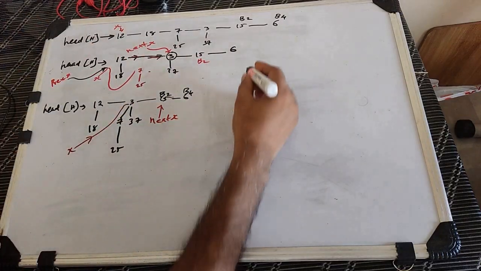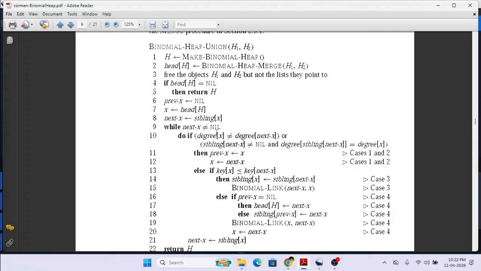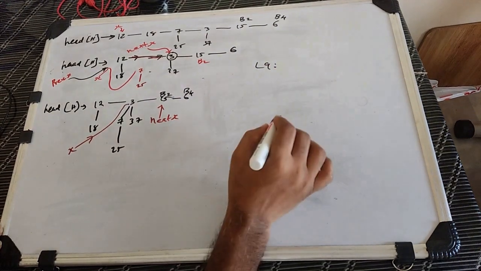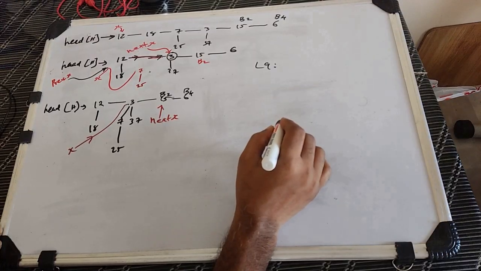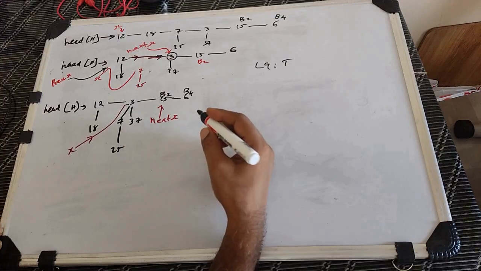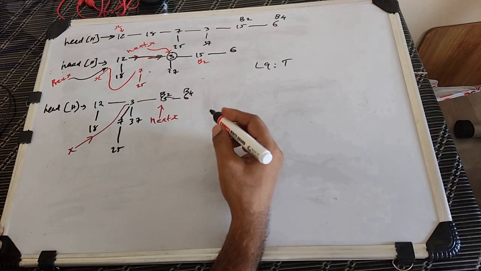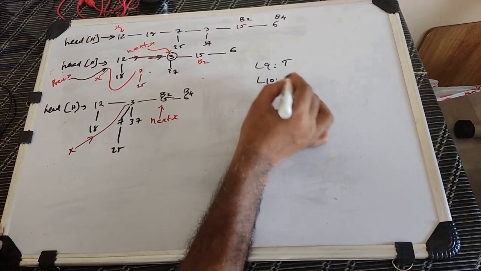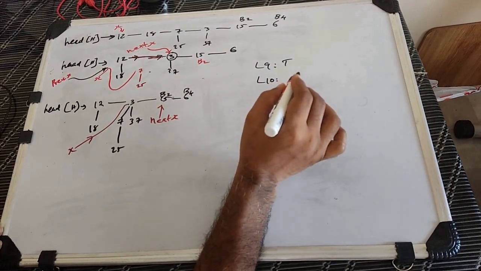line number 9. While next x not equal to null. L9, it is true. Next x not equal to null. Next x is there. Then line number 10, we are inside the while loop.